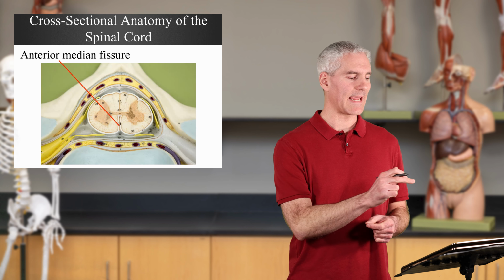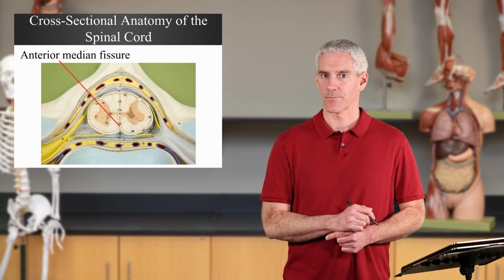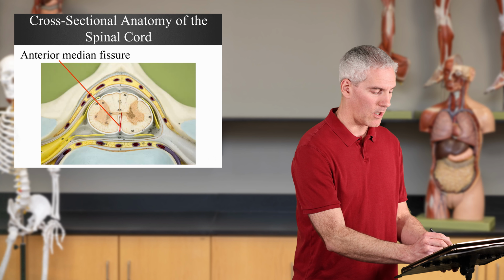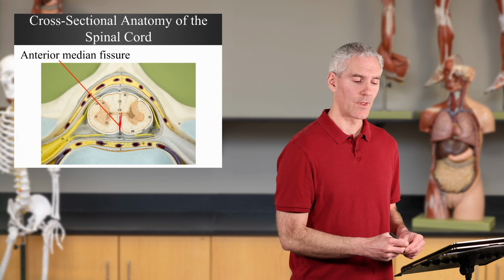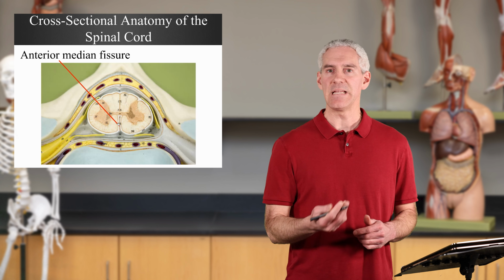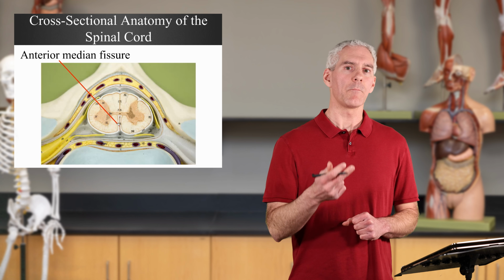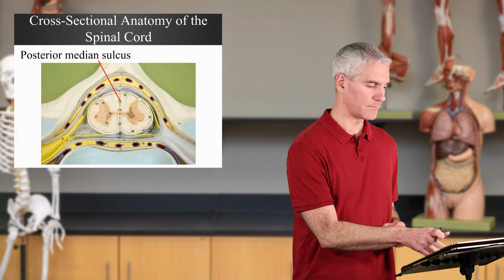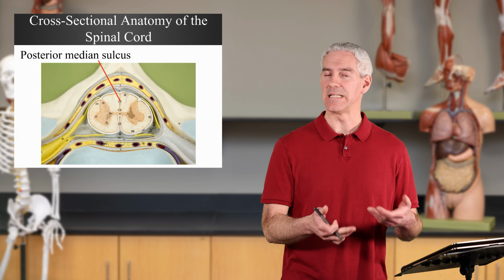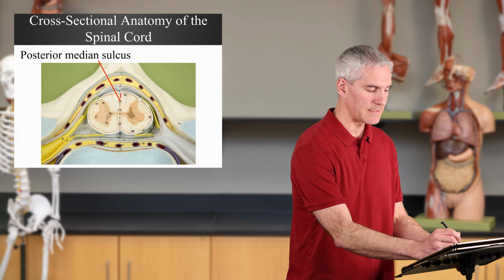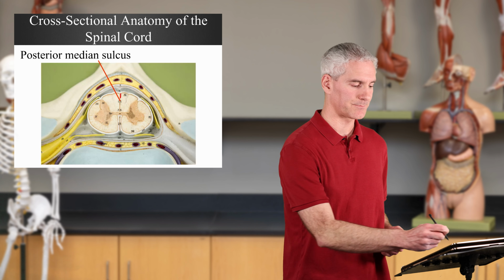We then have this anterior median fissure. Remember, fissure is a deep indent. You can see this fissure goes all the way in down to there. So the anterior median fissure is found obviously on the anterior side, but then the posterior side, we have the posterior median sulcus. Now the posterior median sulcus isn't nearly as deep of an indent.